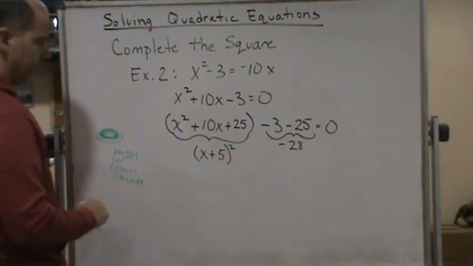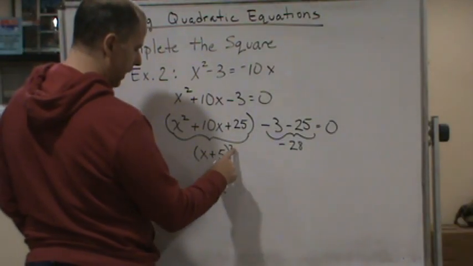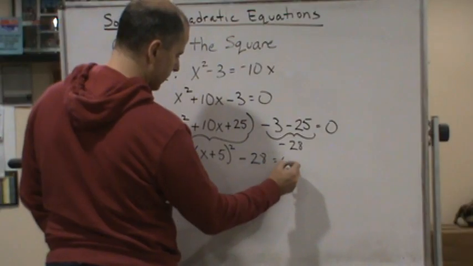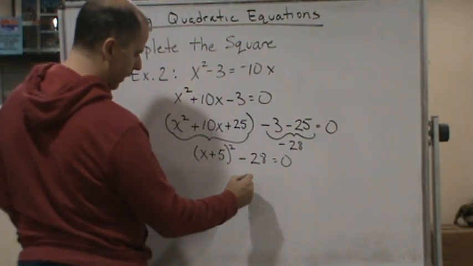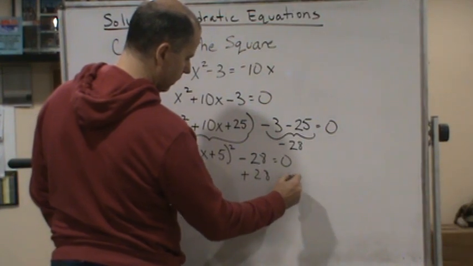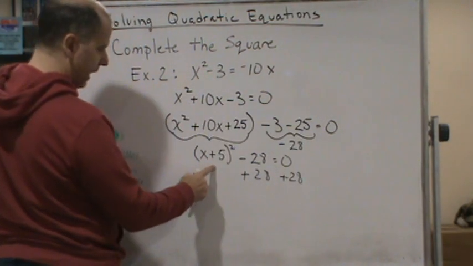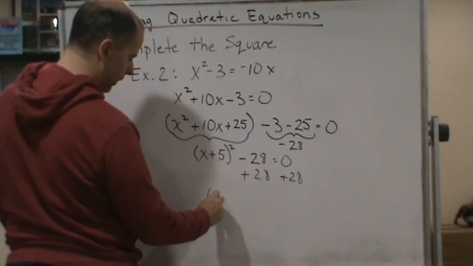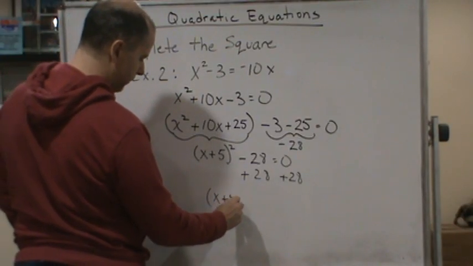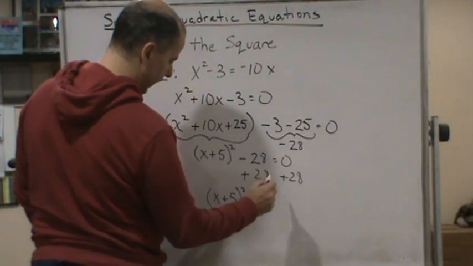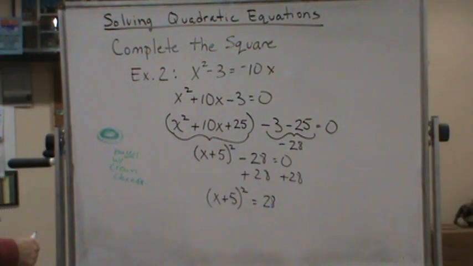Okay, and so I get x plus 5 quantity squared minus 28 is equal to 0, and then I can add 28 to both sides, and now I've got it where I can use the square root property, because now it becomes x plus 5 quantity squared is equal to 28, and then I can go from there.